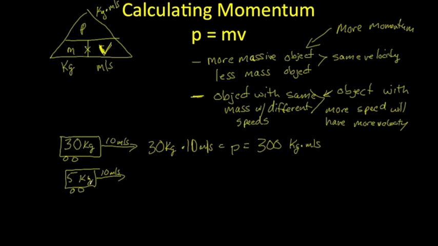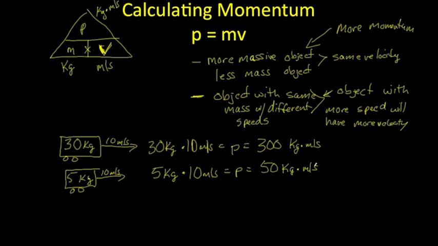Okay? If we have a smaller cart, or a less massive cart, it doesn't necessarily have to be smaller in size, you will have a smaller momentum. And that would equal 50 kilograms times meters per second. And that makes sense if you think about it.